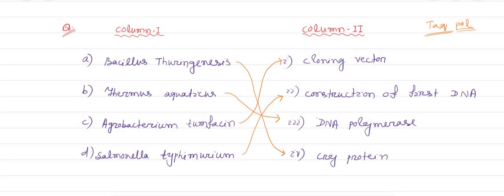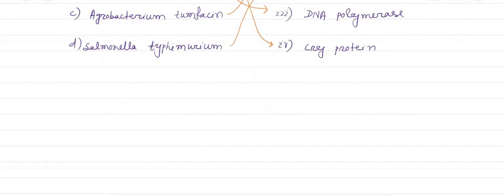First, Bacillus thuringiensis, which I have here. You can see it. Bacillus thuringiensis, which I have matched with point IV of column 2, that is cry protein. Here I am writing the answer. Cry protein is a toxic crystal protein.